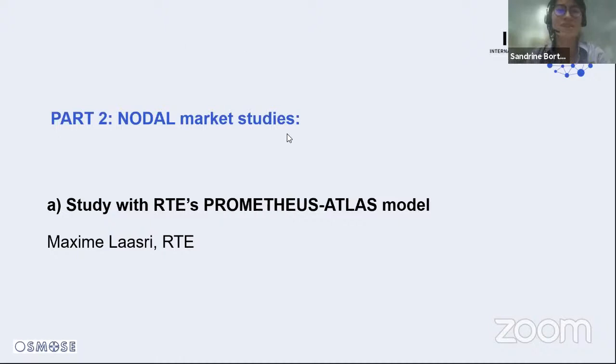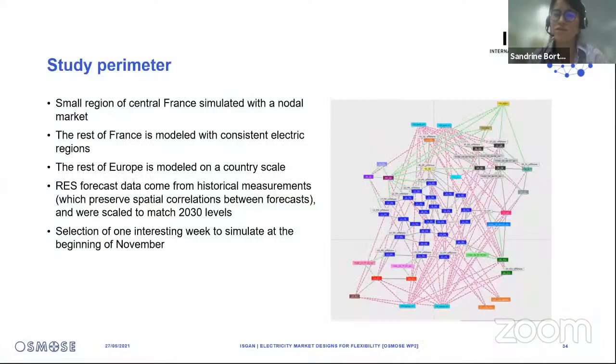Okay, thank you. So now I will present you the nodal market study that we are launching with the RT Prometheus Atlas model. So basically the goal of this study is to simulate a nodal market design from the day ahead to the real time. And more specifically, we are interested in studying the impact of uncertainties in a nodal market sequence.